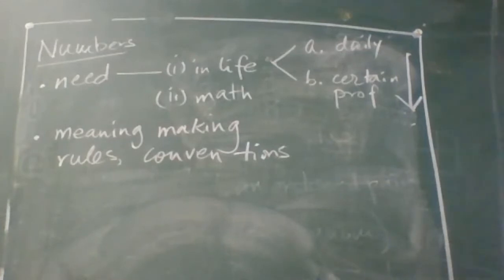Similarly, they will get to cube. Practically speaking, you don't need to go beyond cube too much. And where do you need the cubes and squares? Especially in mensuration. When you are calculating area, you run into squares a lot, right? So that is where you definitely need to discuss squares.